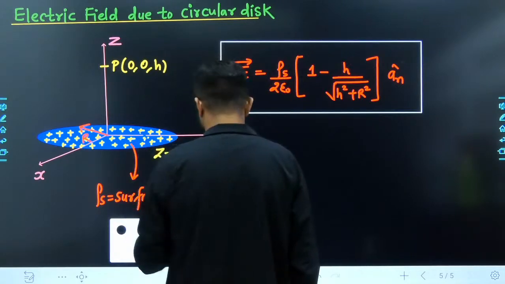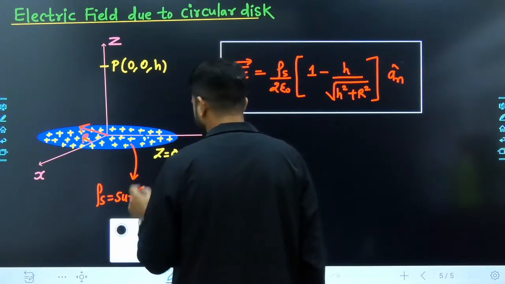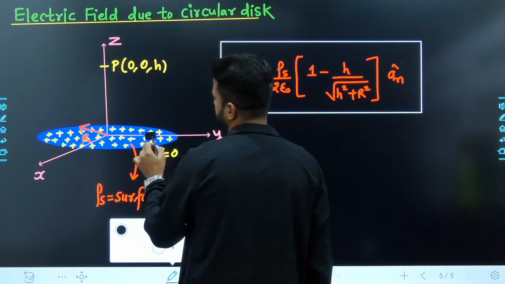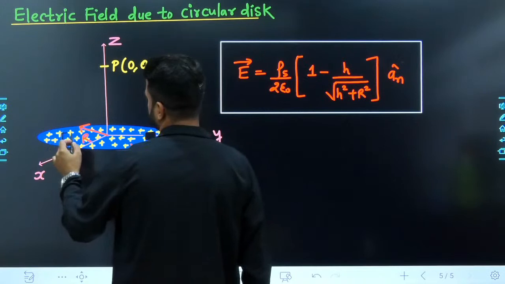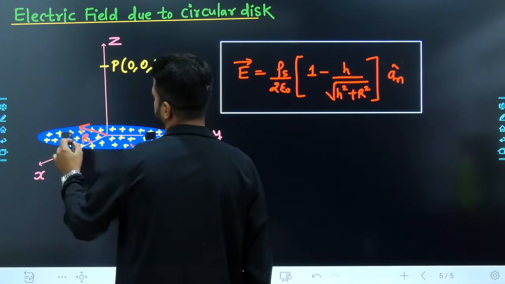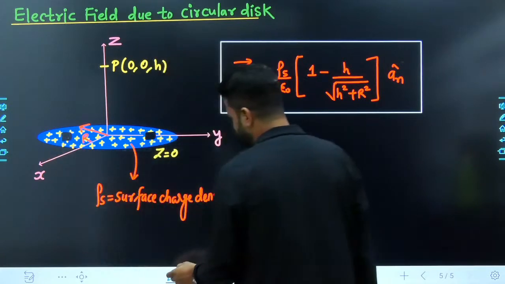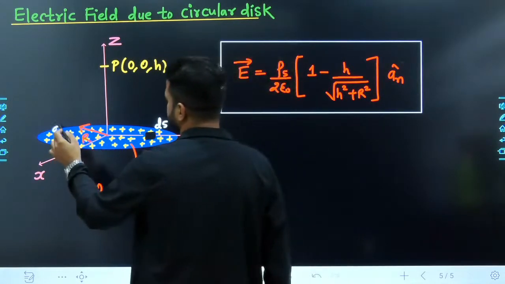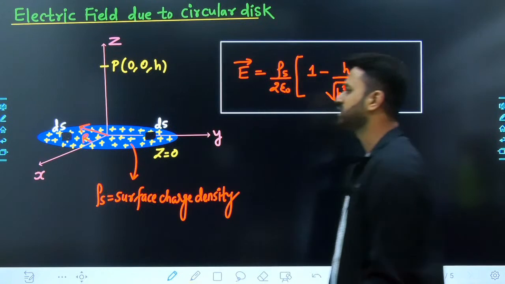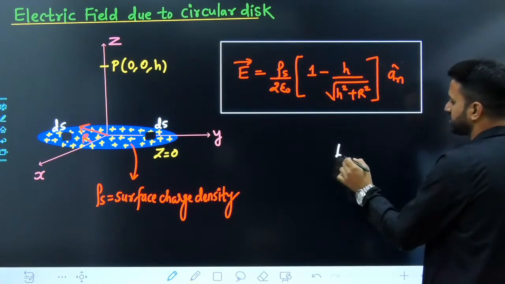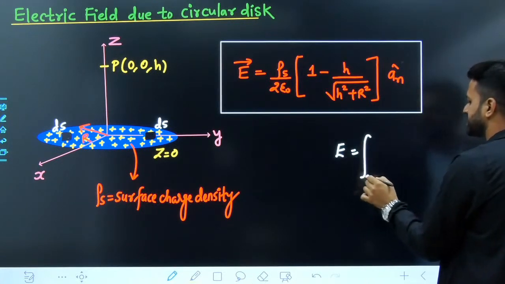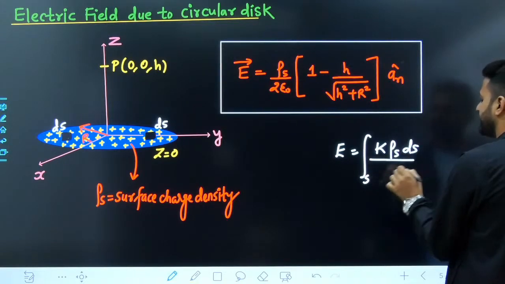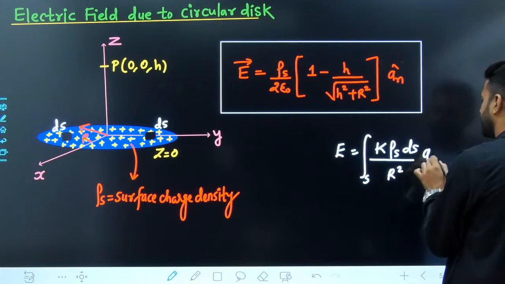If you select a differential surface somewhere here, this is the differential surface. Because if you want to calculate the electric field, you have to apply this formula: integration over the surface of k into rho s into ds divided by r square into ar cap.